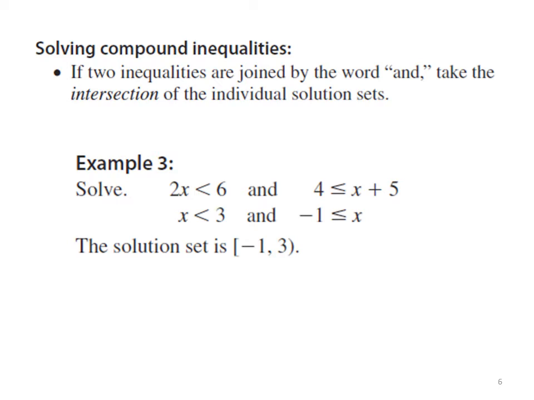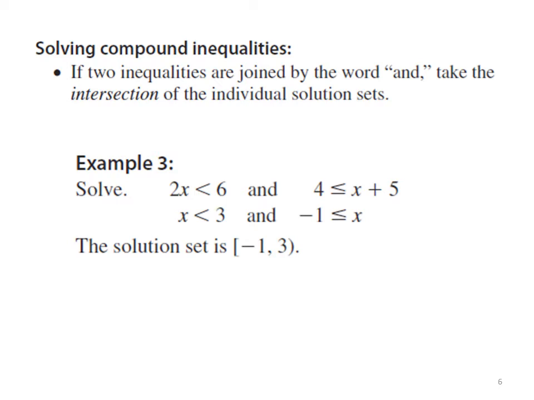We want to solve two inequalities: 2x less than 6, that's the first inequality, and 4 is less than or equal to x plus 5. You solve them together. For the first one, if you divide the inequality by 2, you get x is less than 3.